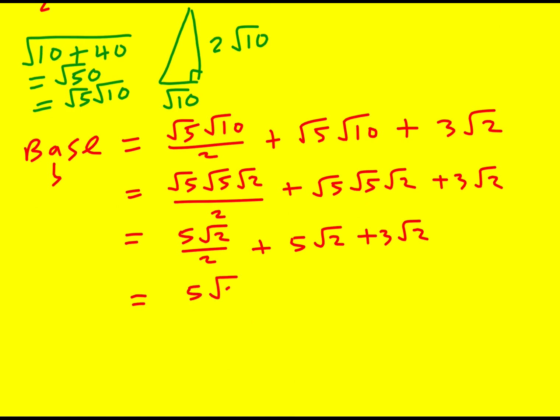If I put it all over a common denominator, it's going to be 5 root 2 over 2 plus this is going to be 8 root 2, so it's going to become 16 root 2 over 2. Oh, and I'm going to get 21 root 2 over 2 as the base.